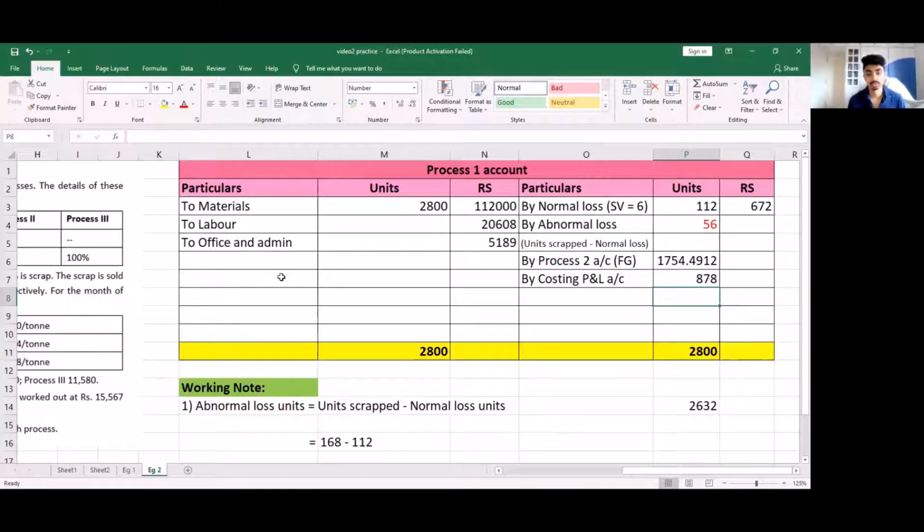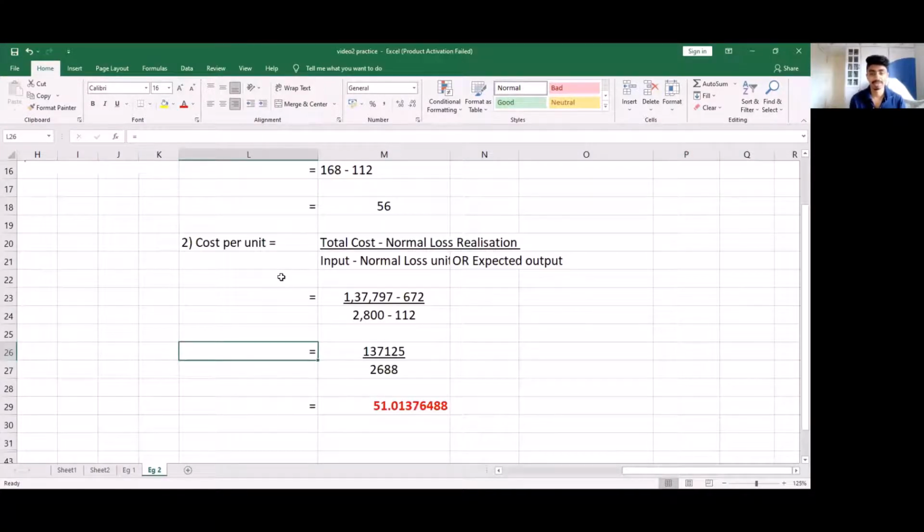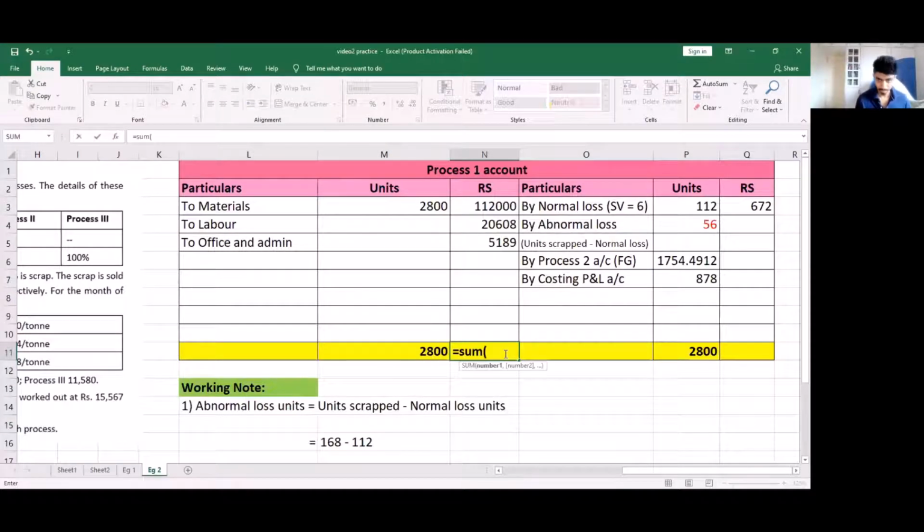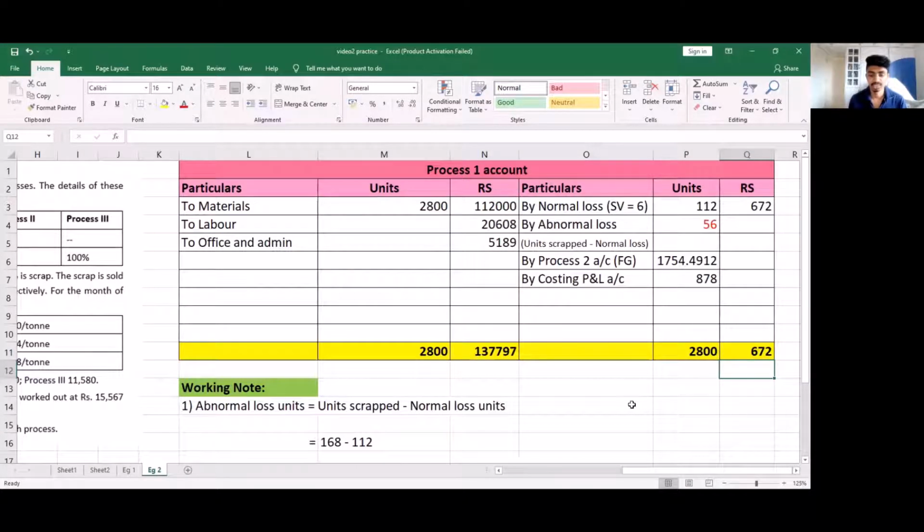So we know the formula for cost per unit is total cost minus normal loss realization divided by input minus normal loss units. So our total cost is 1,37,797, and our normal loss realization is 672 divided by input is 2,800 and normal loss units is 112.